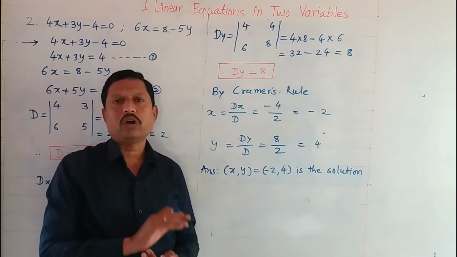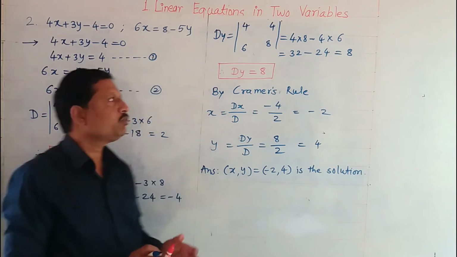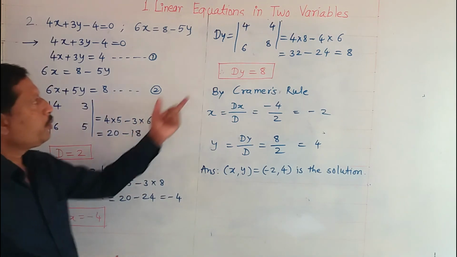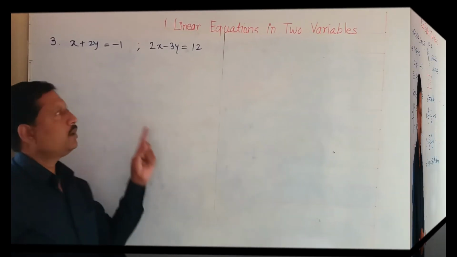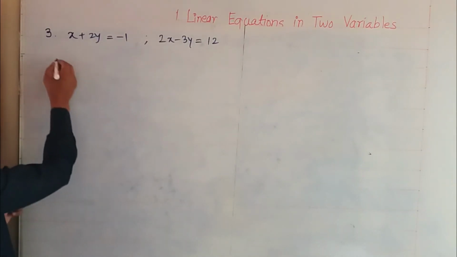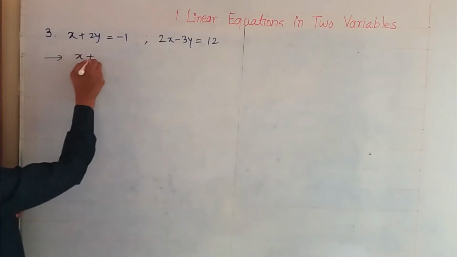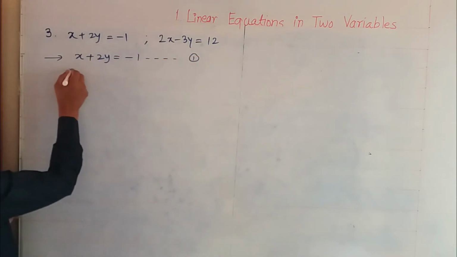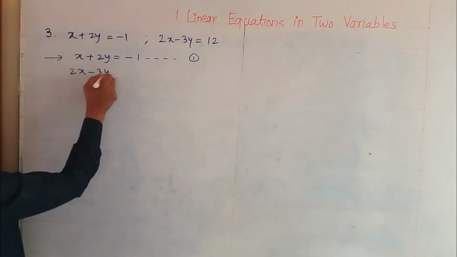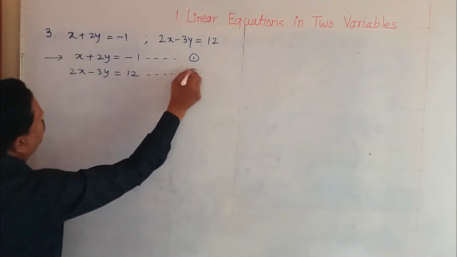This method is also called the determinant method, as we use the determinant here to find the value of x and y. The next example is, write x plus 2y is equal to minus 1 as equation number 1, and 2x minus 3y is equal to 12, equation number 2.